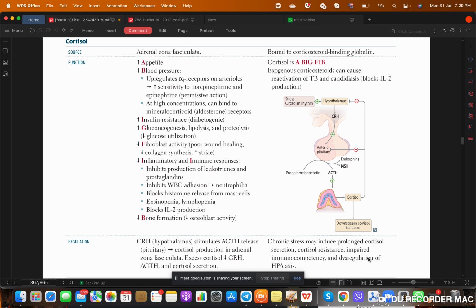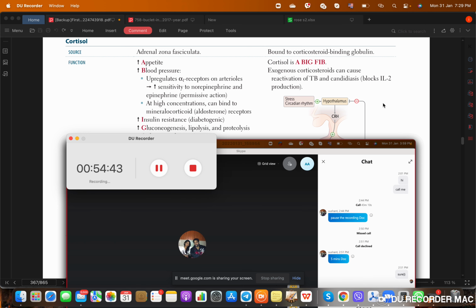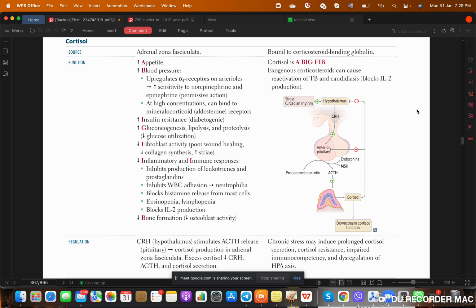Speaking of stress, let's speak about cortisol. So cortisol is produced by which area? The zona fasciculata. So, guys, what do you think? Do you have more cortisol early in the morning or in the afternoon?